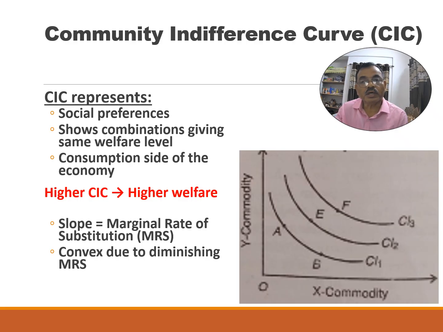The community indifference curve, that is CIC, represents the social preferences of the economy. It shows different combinations of two goods that provide the same level of social welfare.